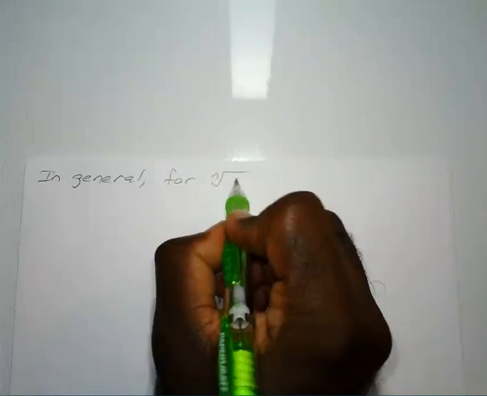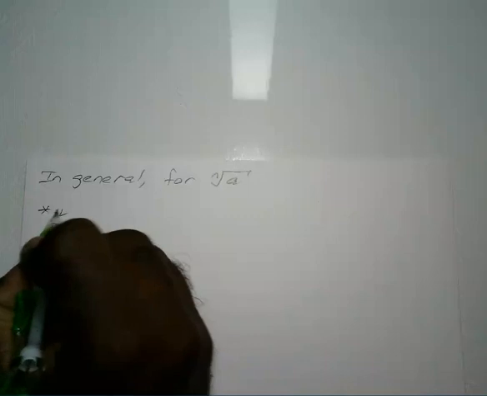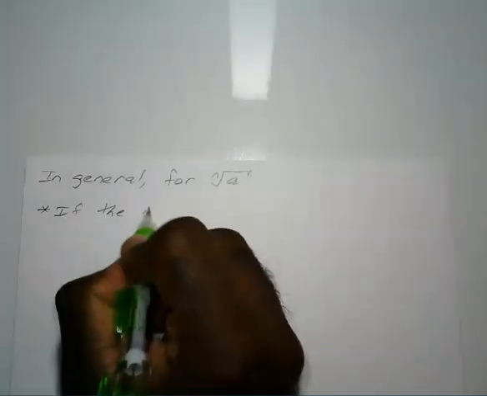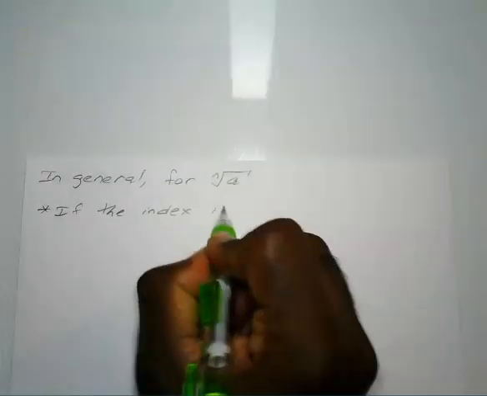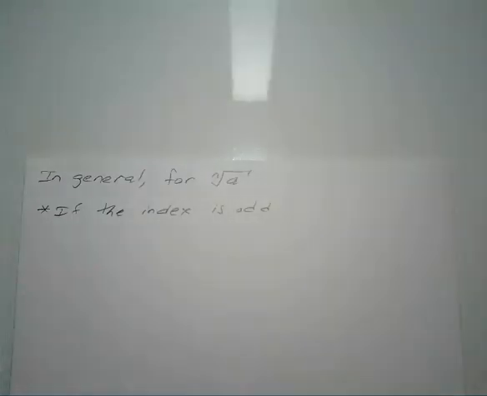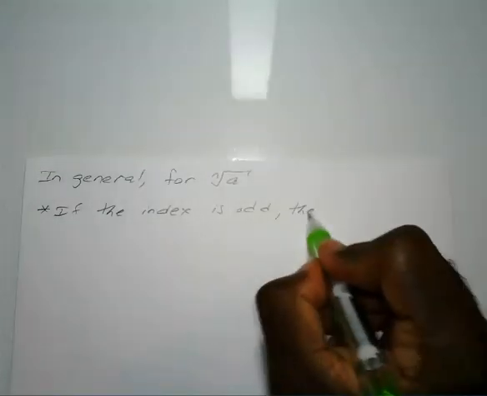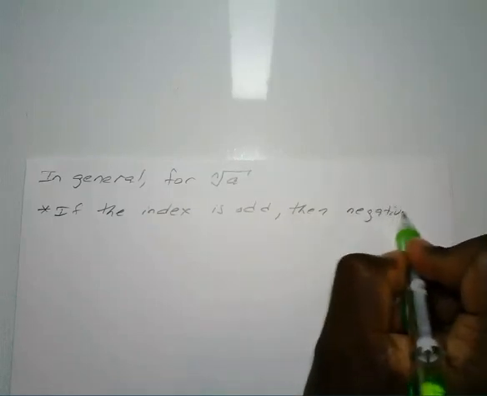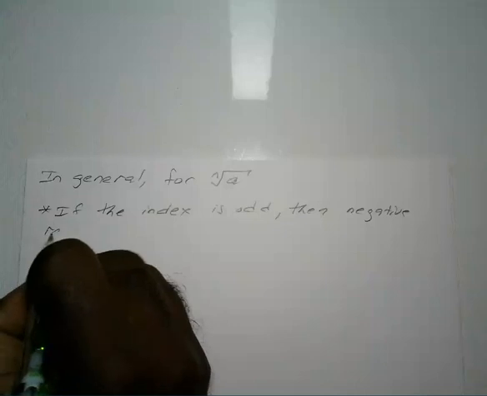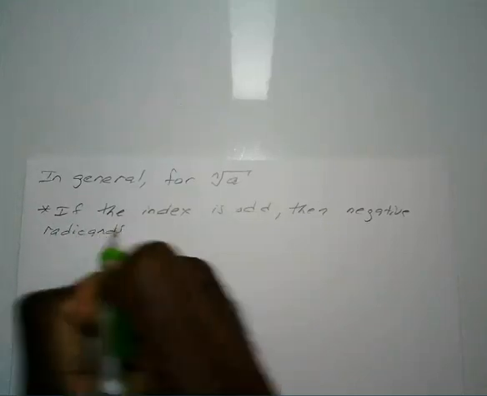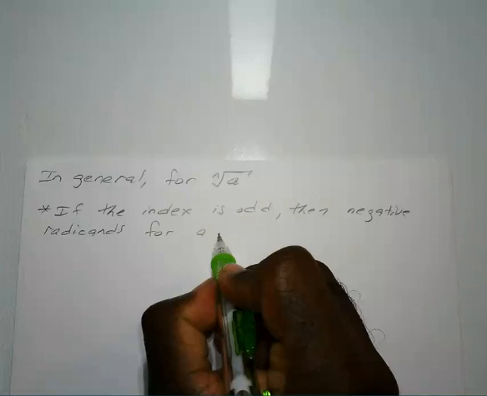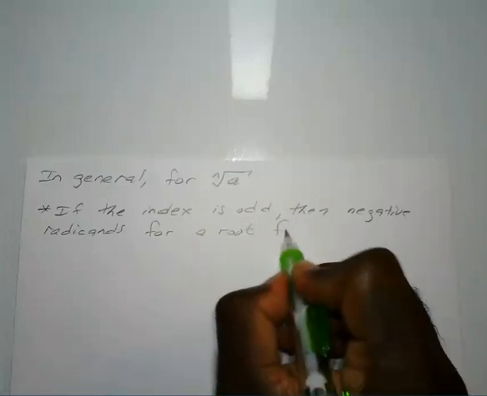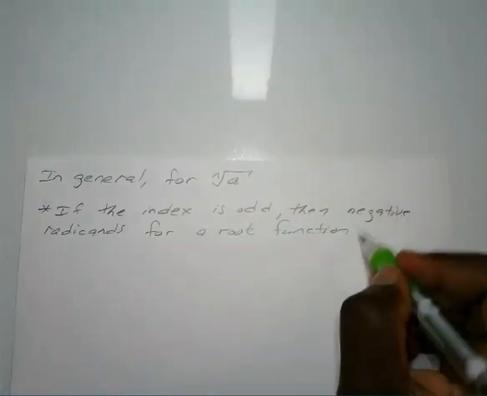So for the nth root of a, if the index is odd, then negative radicands for a root function can have a negative solution.